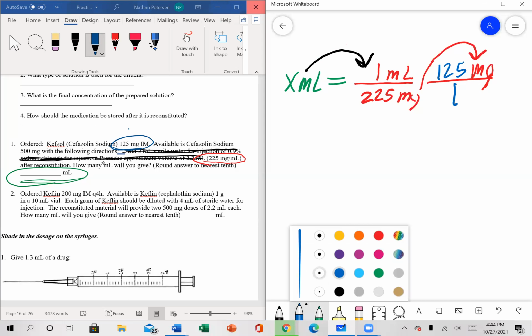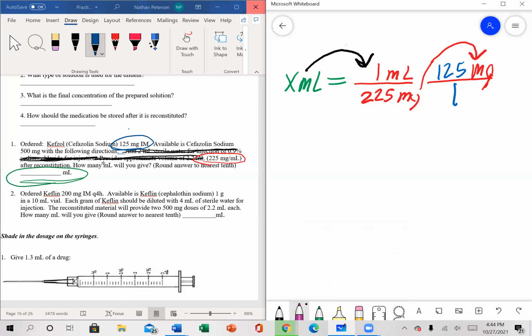So what do we get out of this? We'll go over to purple now for our final solution. What we get is we are going to multiply the 1 times the 125. And just for space, we're moving down here. So I know I have 125, multiply across again, 225. So I have 125 over 225.